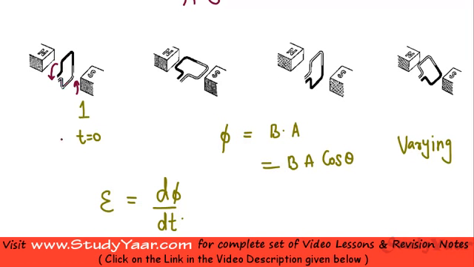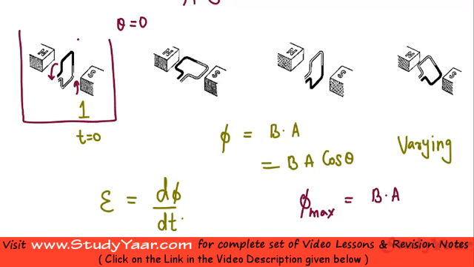So at this point theta is equal to 0. The angle between your area vector and your magnetic field vector is 0, so at that time you are going to have your maximum flux.